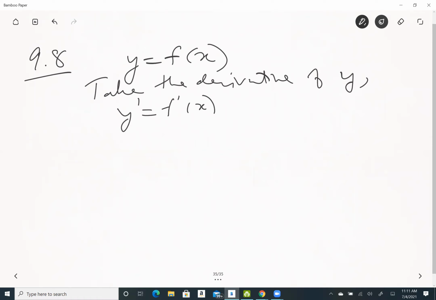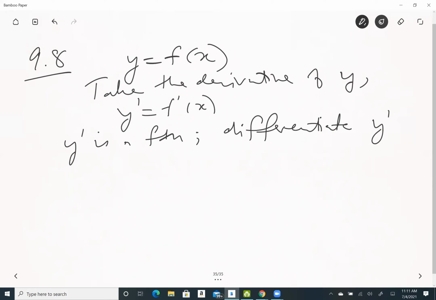Now y prime is a function of x, so we can differentiate y prime. What do I get? I get y double prime. So here is called the second derivative.